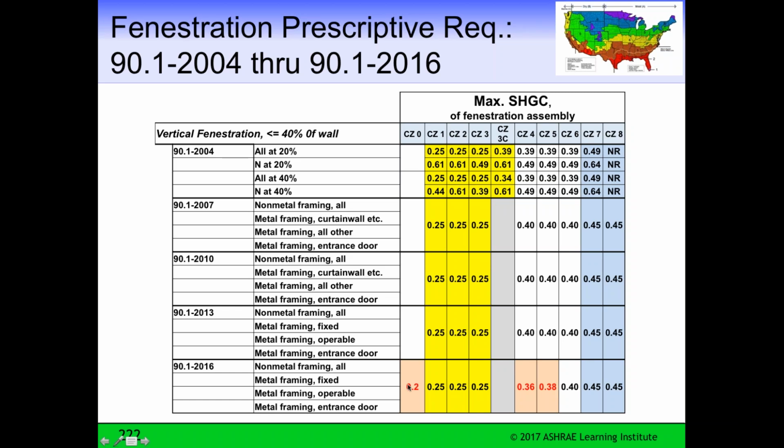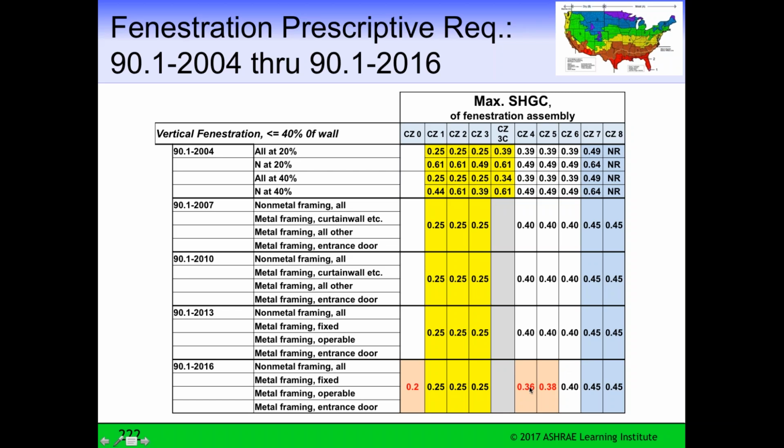The new climate zone 0 has a maximum SHGC. This should say 0.22, not 0.2. And then in climate zones 4 and 5, and this covers a broad, highly populated area in the middle of the US, the SHGC has been reduced from 0.4 to 0.36 in climate zone 4, and from 0.4 to 0.38 in climate zone 5.